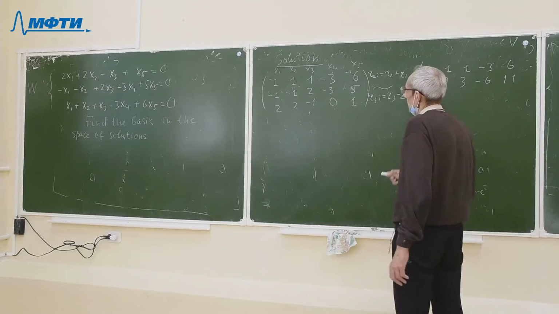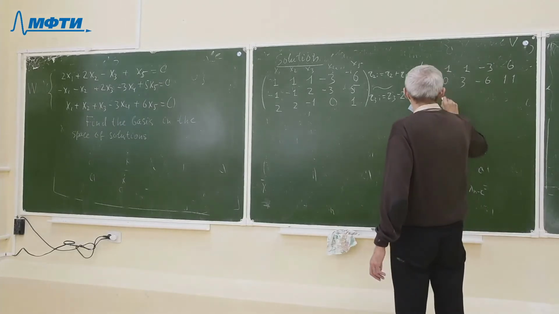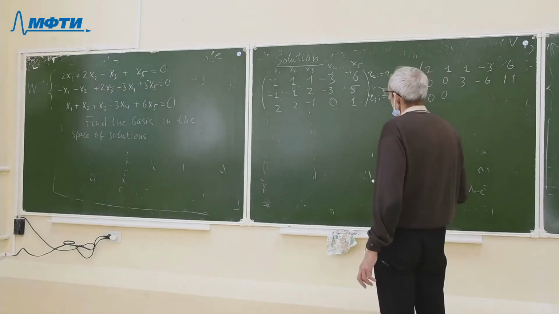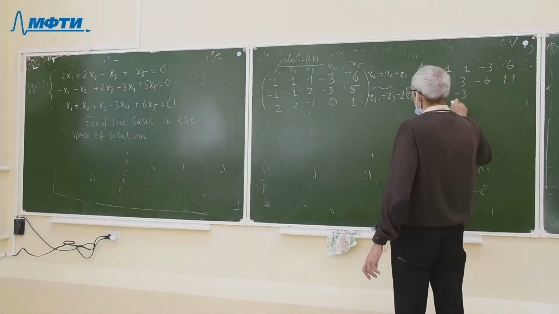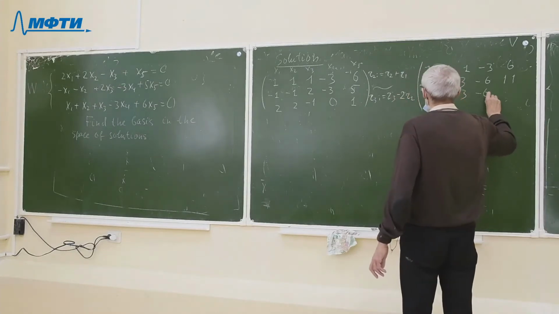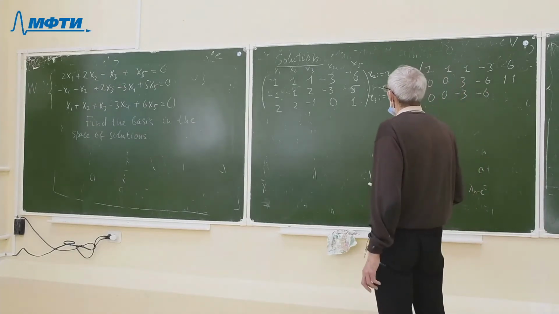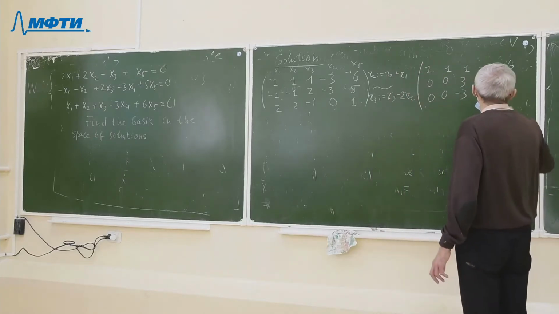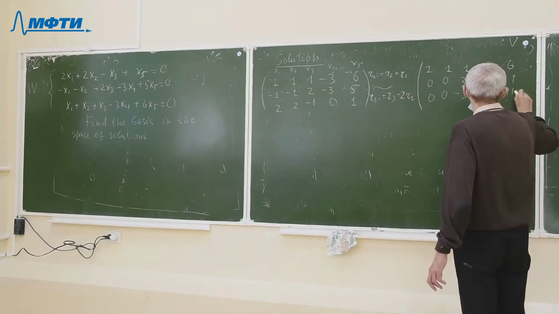And then 0, 0, minus 3, minus 6, and minus 11.